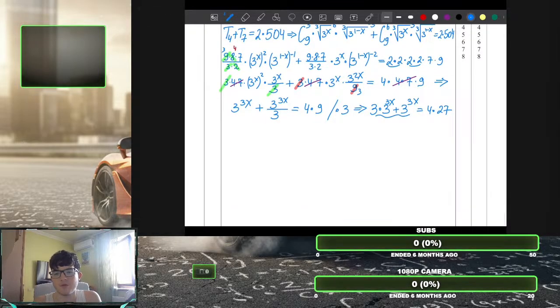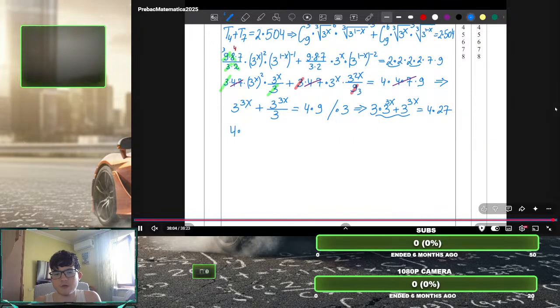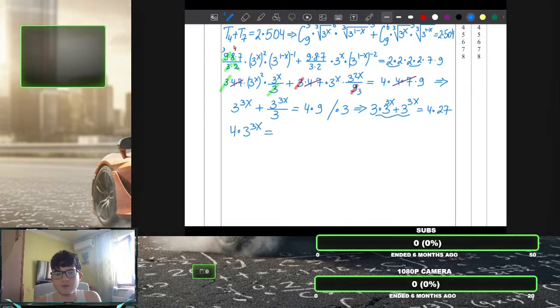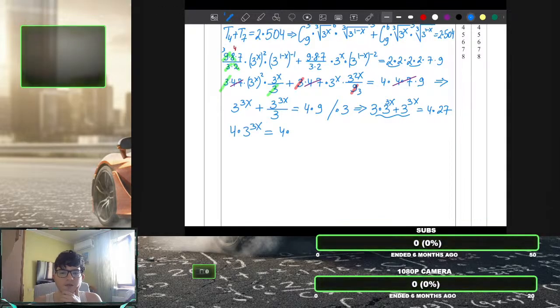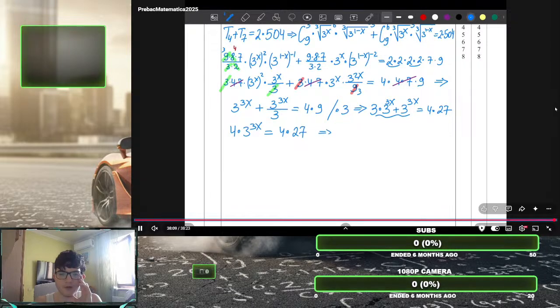So we can simplify the 3 with 27, or what? 4 times 3 to the power of 3x. Equal to this.